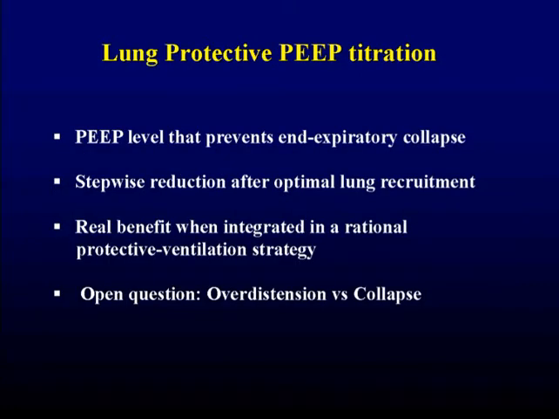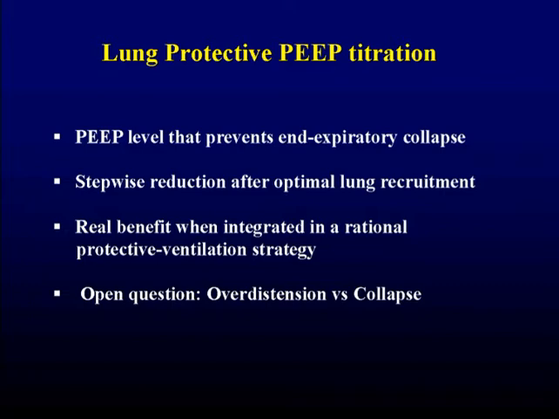The definition of a lung protective PEEP titration would be the PEEP level that prevents an expiratory collapse, obtained only with a stepwise reduction after optimal lung recruitment. But the real benefit is integrating this PEEP level in a rational protective ventilation strategy, limiting other known factors that cause ventilation-induced lung injury.